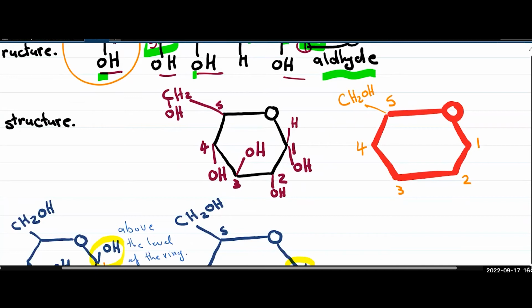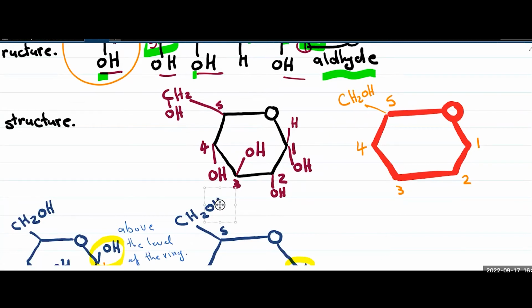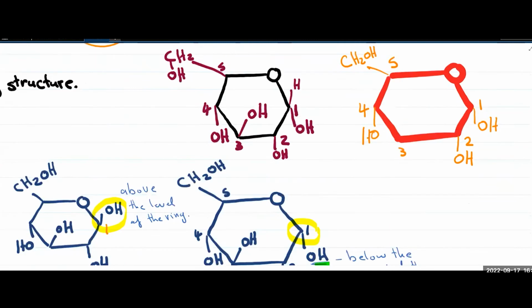Carbon number 1, 2, 3, 4, as I said, each carbon in that molecule must be bonded to a hydroxyl group. The hydroxyl groups of carbon number 1, 2 and 4 are down. When I say down here, it means below the level of the ring, like that table.